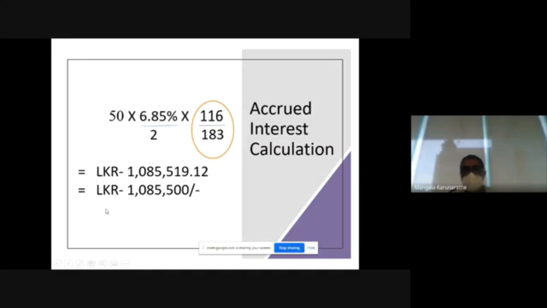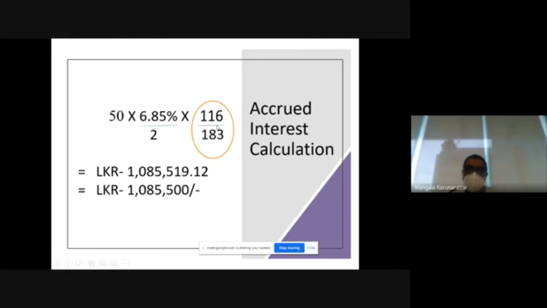So in an actual deal, all these calculations, as I explained yesterday, all parties to that should agree with these calculations, right? 50 million into 6.85% divided by 2, and this coupon is for 183 days, so I am calculating 116 days interest. So I divide it by 183 and multiply it by 116.